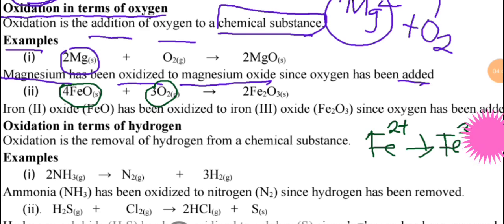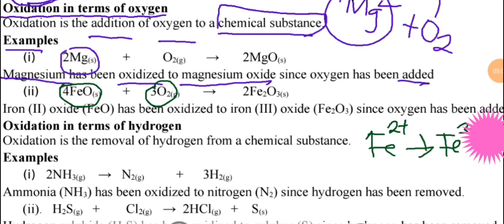So this oxidation is in terms of oxygen, but it is also increasing the oxidation number of iron, from iron(II) to iron(III), because of the addition of oxygen to iron(II) oxide.